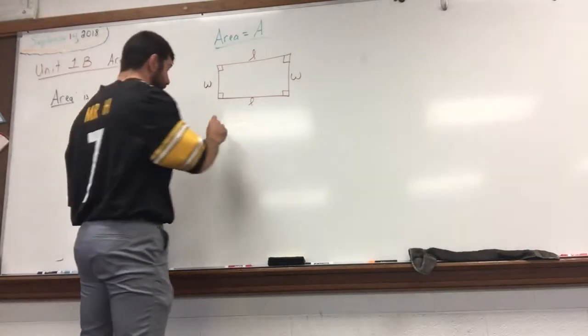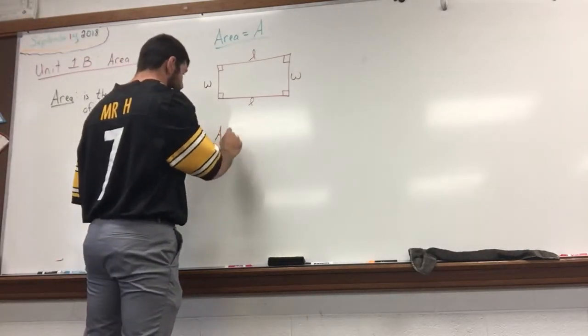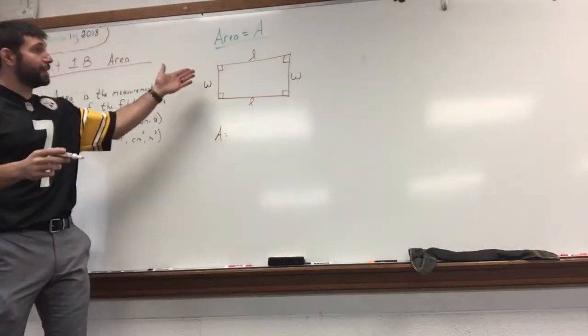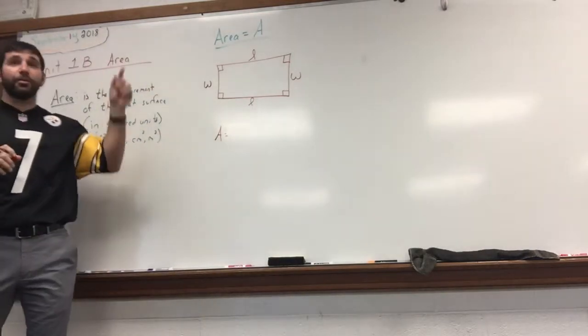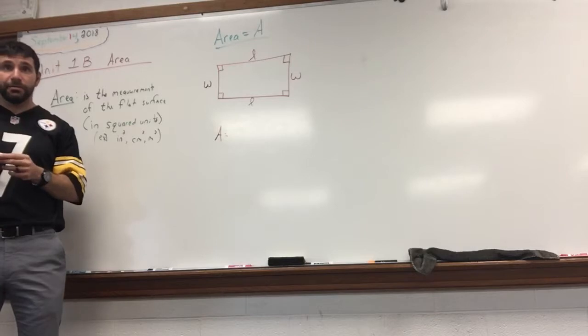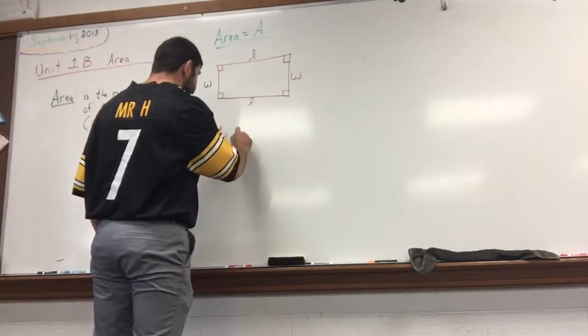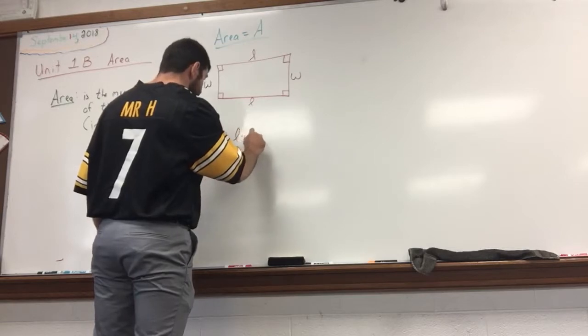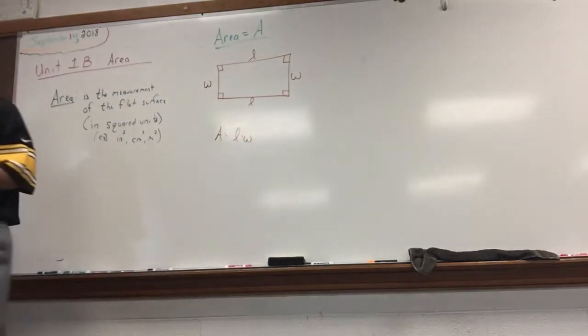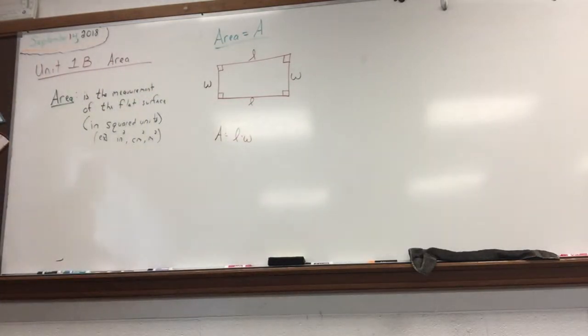The formula, which you told me yesterday. How am I going to find area of a rectangle now that we have these letters? Taylor? Very good. To find the area of a rectangle, it's L times W, length times width. We do not want to use an X anymore because you're going to see lots and lots of variables.